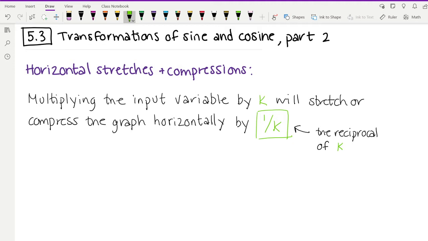It kind of works exactly the way you would expect. For horizontal stretches and compressions, you have to look at the number that's being multiplied with your input variable, and you have to take the reciprocal of that to understand how it's going to affect your graph. And so what we'll see is basically if k is bigger than 1, then that's going to result in actually compressing your graph. Whereas if k is smaller than 1, that's going to result in stretching your graph.